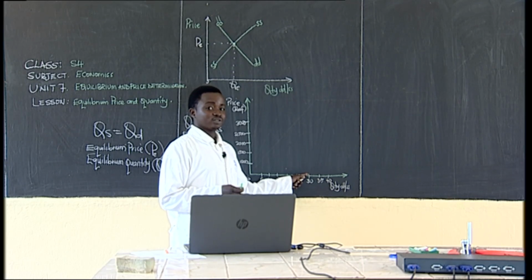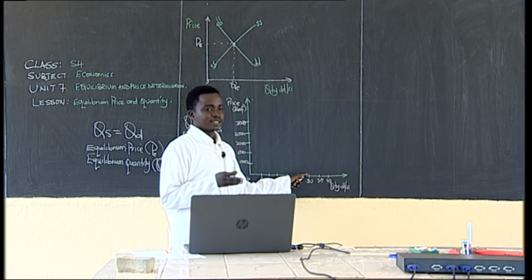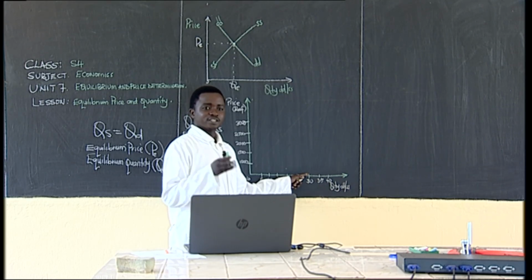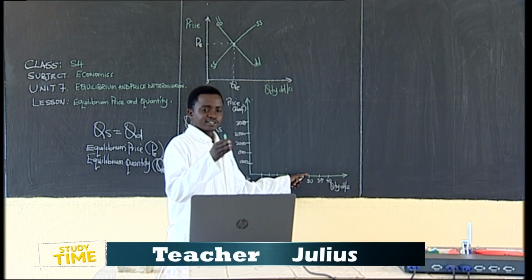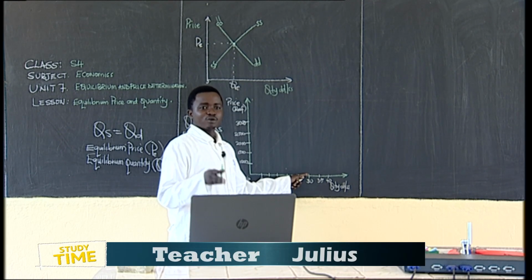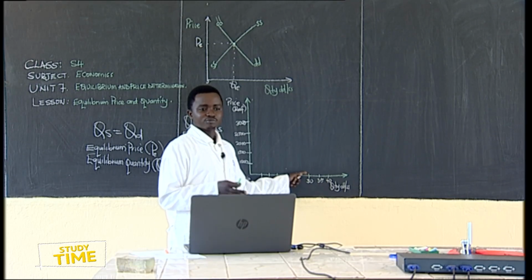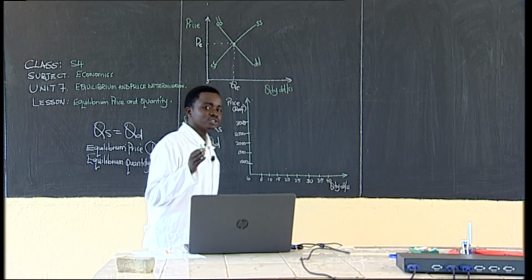That shows an inverse relationship between quantity demanded and the price. Then if you check price and quantity supplied, as price kept on increasing, quantity supplied also kept on increasing. That shows now a positive relationship.